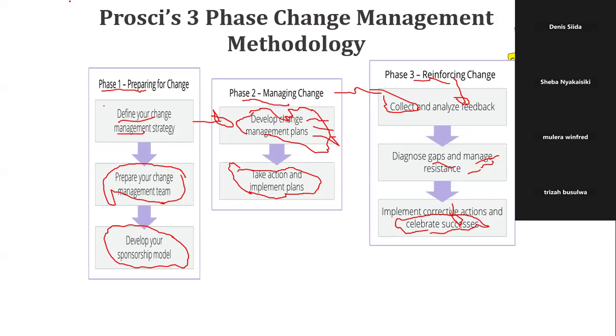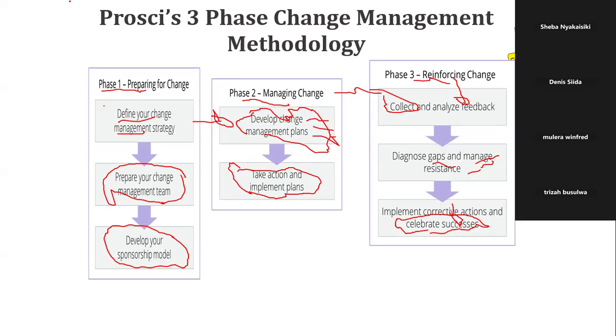Thank you, Dennis. I think it's also important to understand that by the time you're bringing change management, you're implementing. So the stakeholder management part needs to have been done very well to have that buy-in. What Winfred was saying, that if they don't do this, we shall arrest them, is wrong.